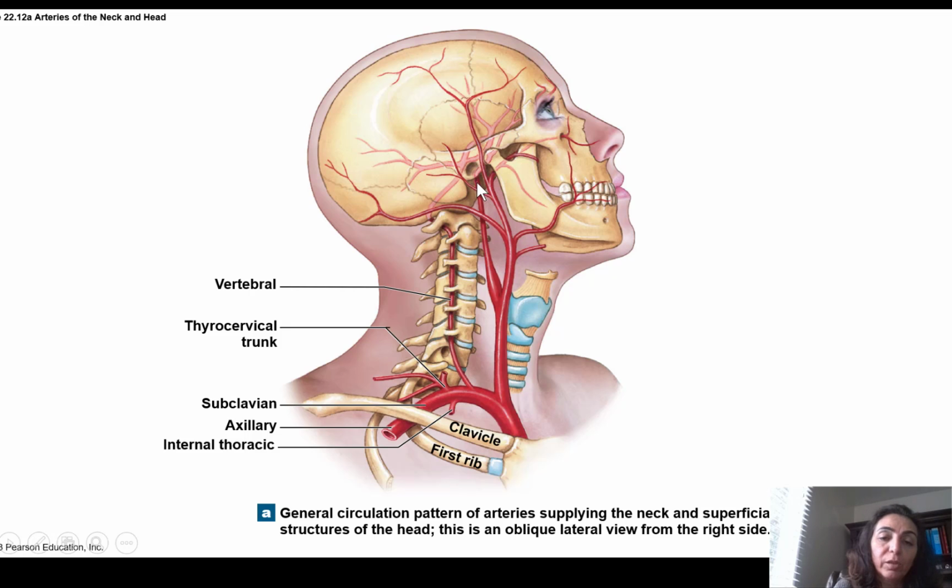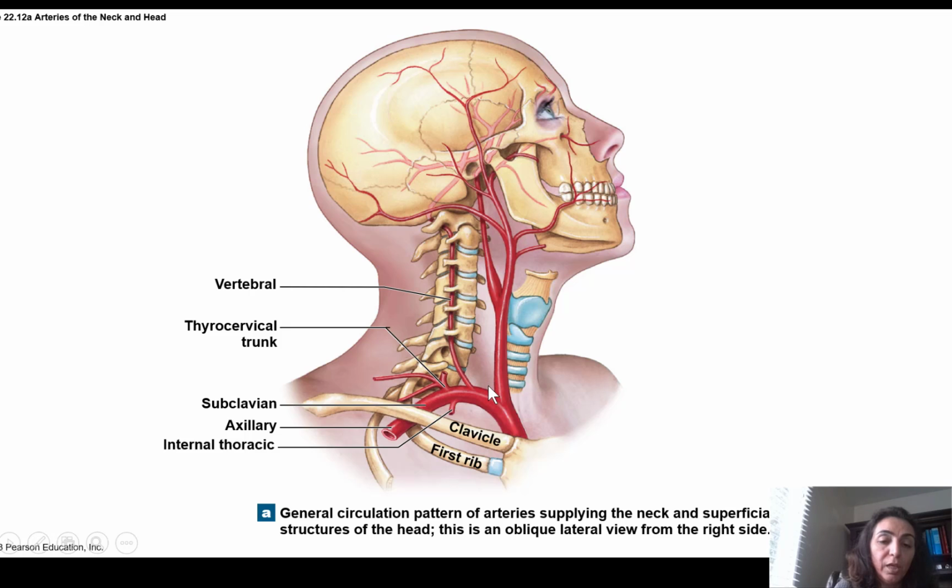So the internal carotid artery is going to supply the brain. When we go toward the brain in chapter 16, we talk more about the blood vessels that supply it, but just learn here that the internal carotid arteries supply many parts of the brain.